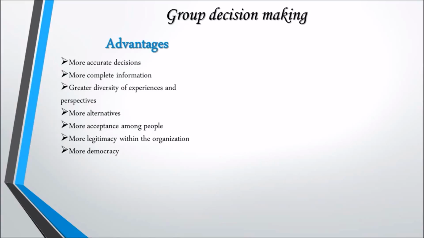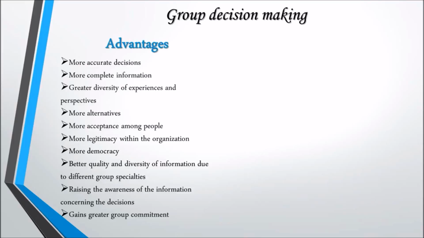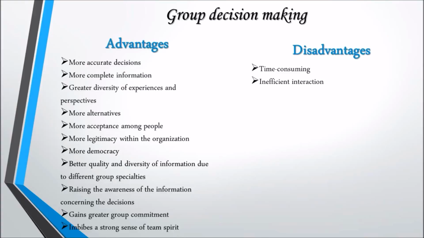And it gains more acceptance among people in the organization as the decision is approved by the group and all the information is shared. It also helps with establishing team spirit, but there are also disadvantages of group decision making. It is more time consuming and inefficient.